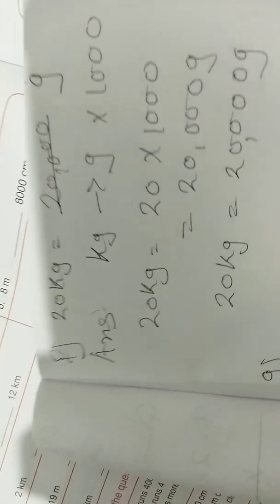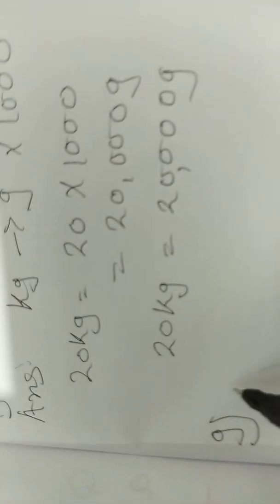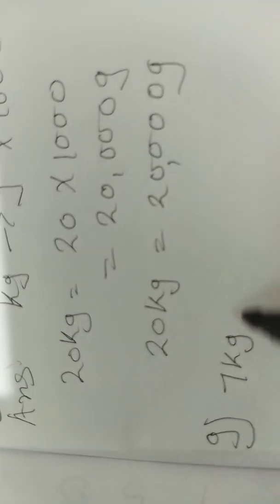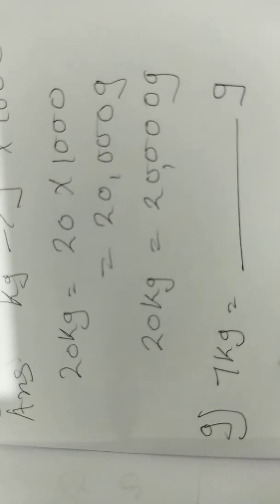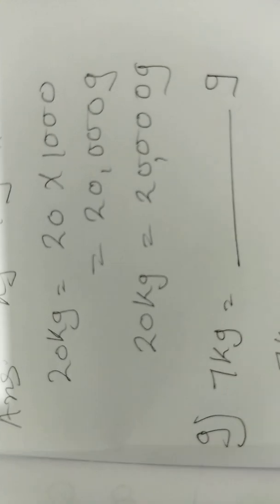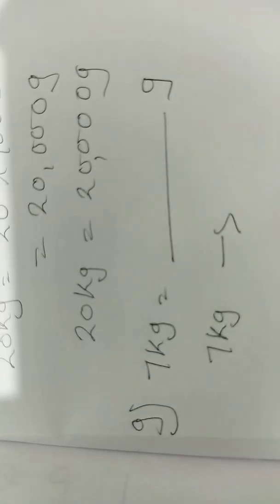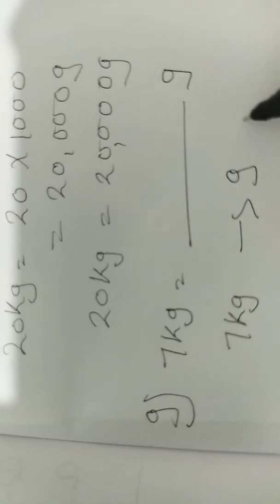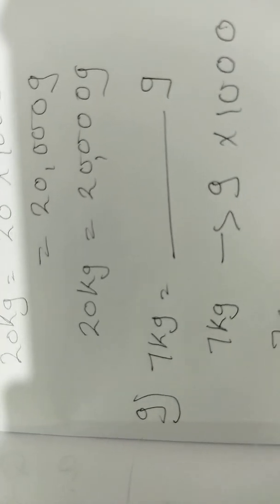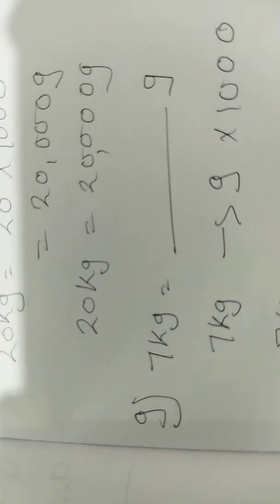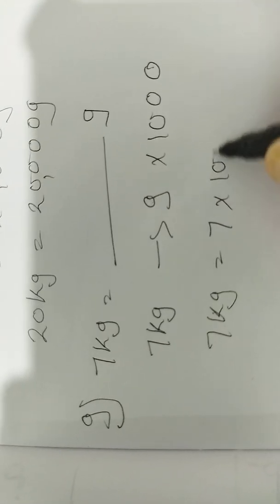G sum. In that, 7 kg is equal to dash grams. So we have to convert 7 kg into grams, so we multiply by 1000. 7 kg is equal to 7 into 1000.